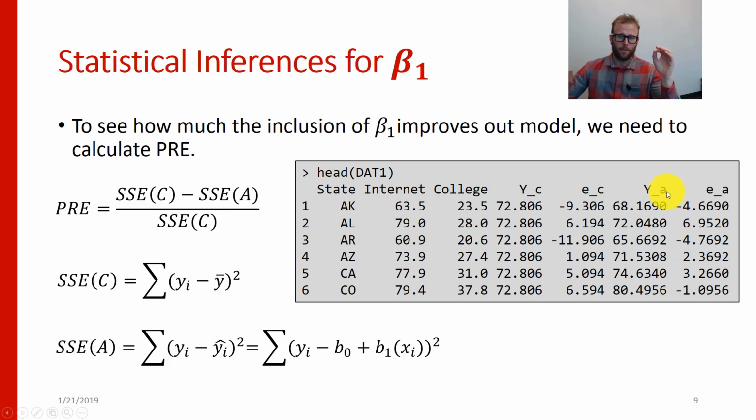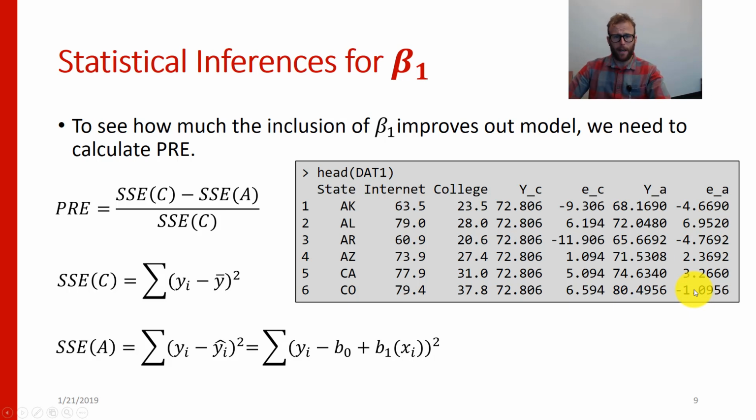We'll also get model predictions for the augmented model, y_a, and you can see here under the augmented model, each state gets a unique prediction, okay? The reason for that, of course, is that each state has a unique value of X. So X is getting multiplied by the slope and added to the intercept to generate these predictions. And then we can subtract y_a from the actual internet access to get the errors under the augmented model, which are shown here.